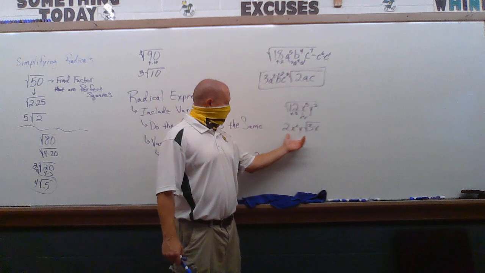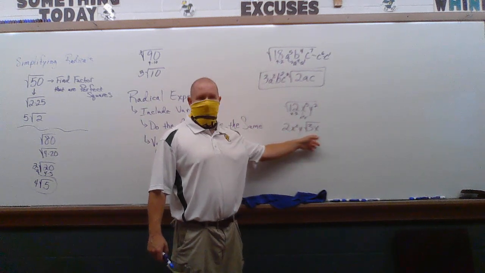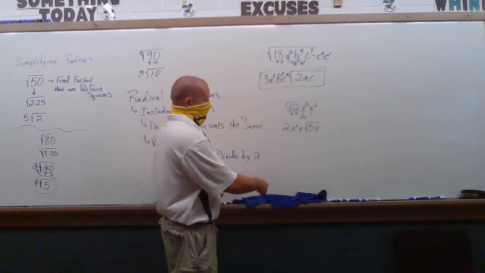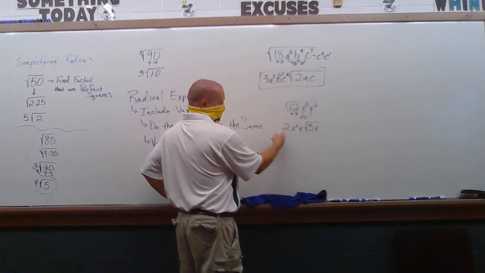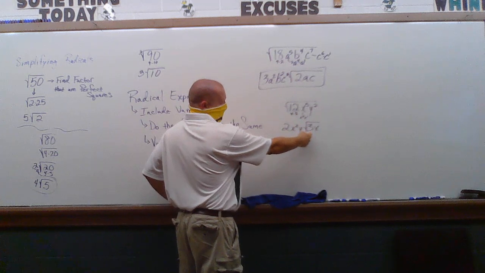So I get 2x squared y times the square root of 3x. Right? Everybody agree? 4 times 3, what are my numbers? Square root of 4 is 2. My 3 stays on the inside.